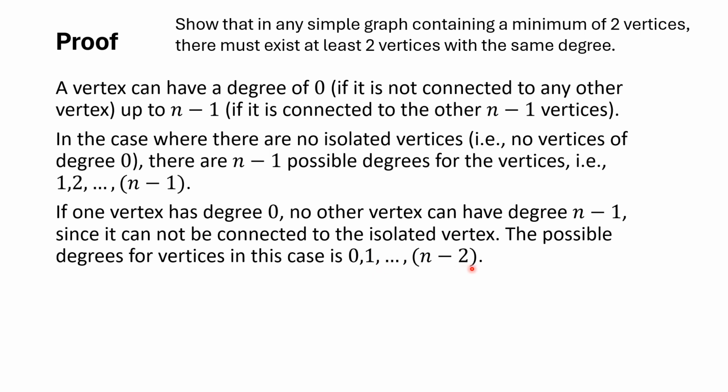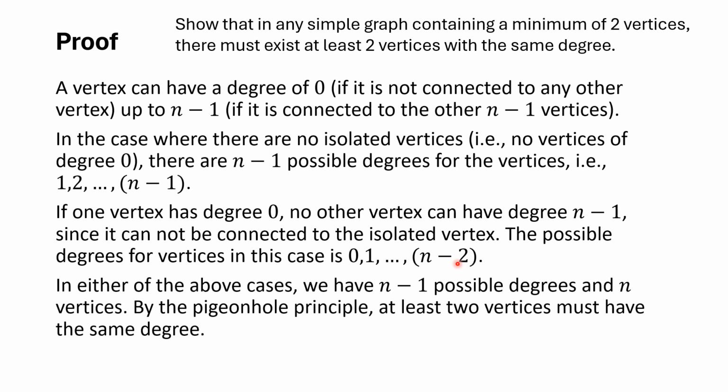And from the pigeonhole principle, since we have n minus 1 possible degrees and n vertices, at least two of the vertices must have the same degree. So we've proven our theorem.